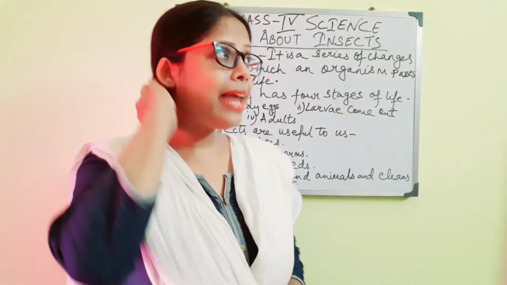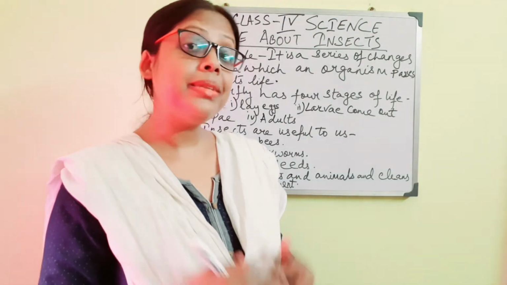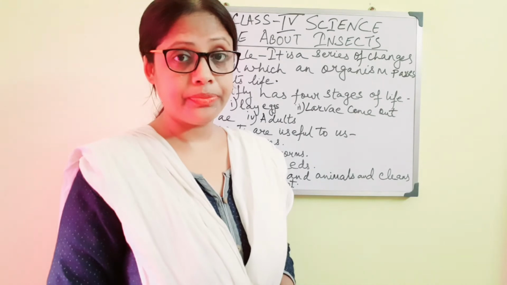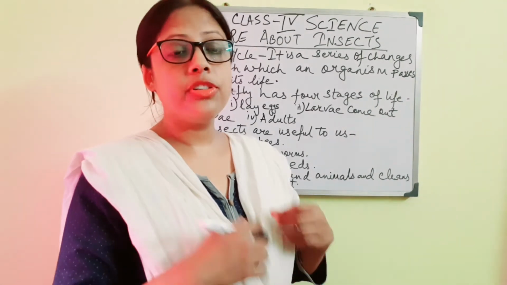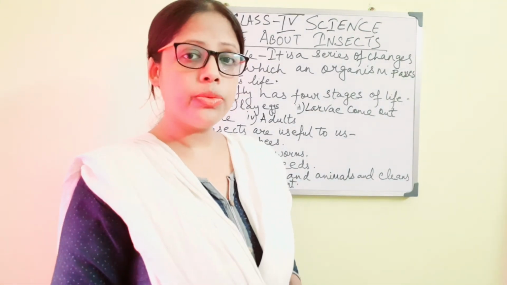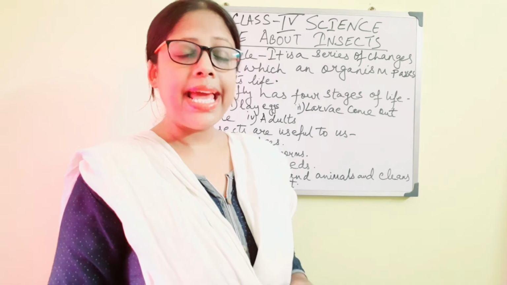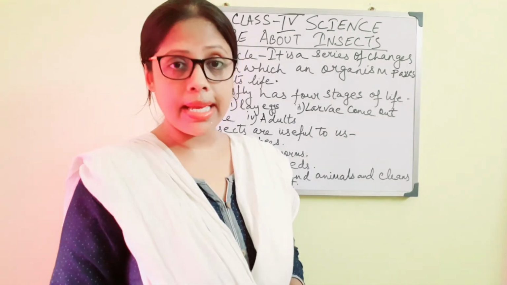So how can we prevent these insects from damaging our things? For example, crops. Locusts damage all the crops. So what do farmers do? Farmers, they use chemicals like insecticides and pesticides.